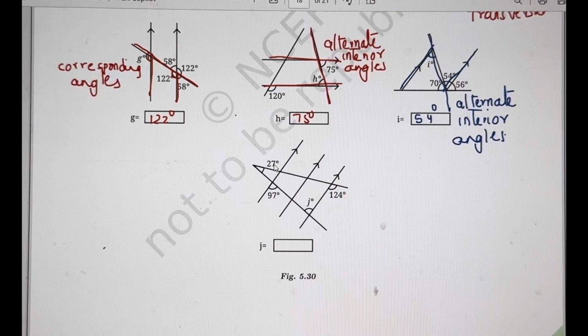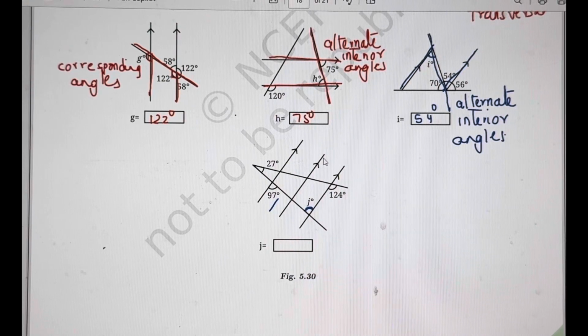Correct? Now let us see J, question number J. Again, we need to find out the symbol J. Now, you may get confused with this 124. They are looking like alternate angles, but they are not, because the lines are not parallel. We need to identify the lines which are parallel.